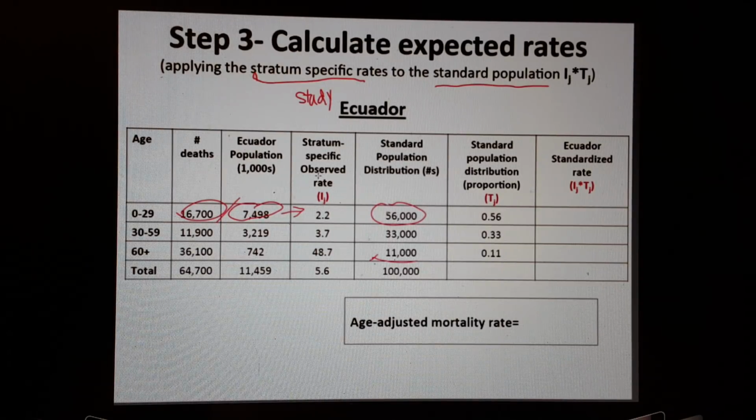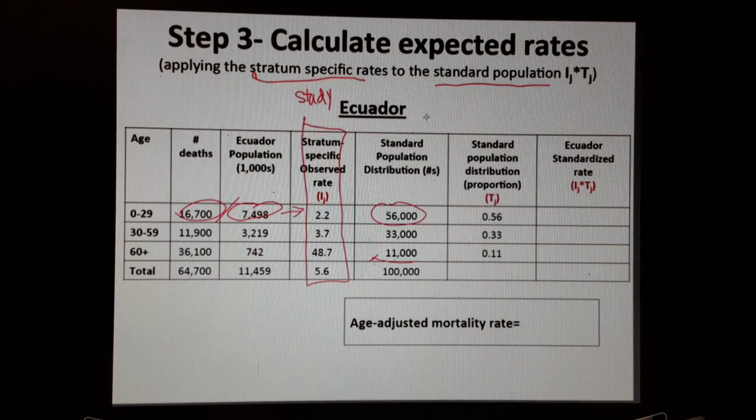Okay, so because we are doing a direct standardization, so we're externally standardizing, we're going to take our observed rates from our particular study population, which is this here, and we're going to weight it or multiply it by our standard population, so our external population.